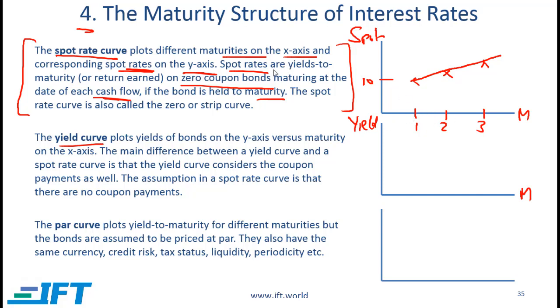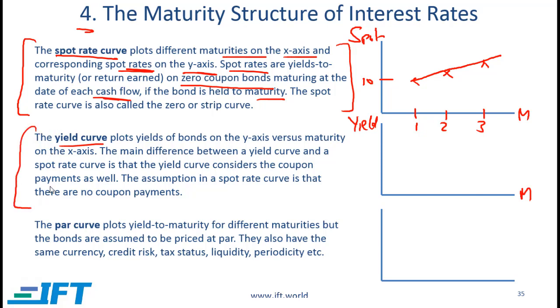So as the statement says, a 2 year spot rate means that if you invest in a 2 year zero coupon bond, you lock your money in at time 0, you get your money back at time 2, nothing in between, then the yield that you get or the return that you get is called a spot rate.